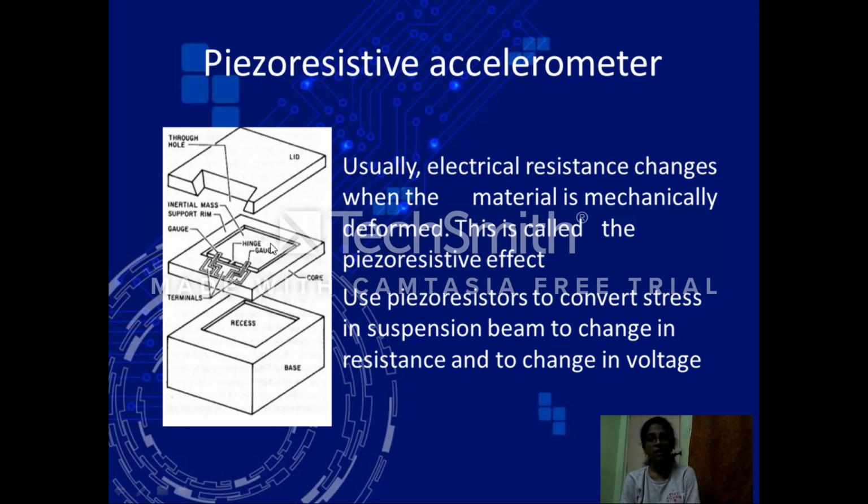The first is the base at the bottom, the middle one plays an important role, and the upper one is the lid. The base and lid keep the sensor stiff, so the body does not move under vibration and all the components stay stiff.